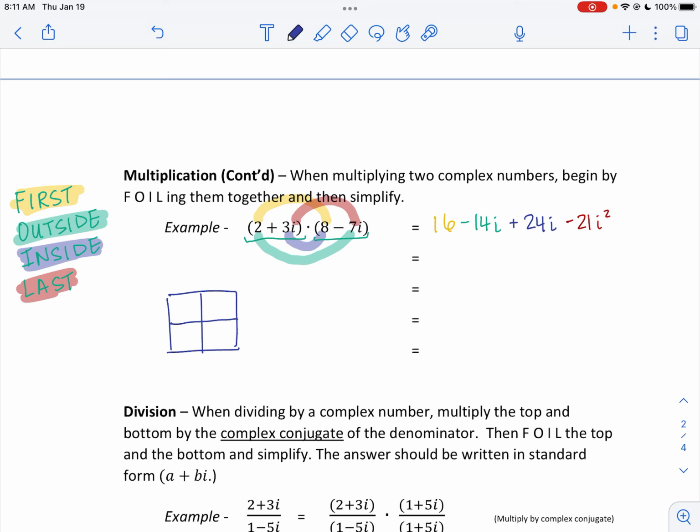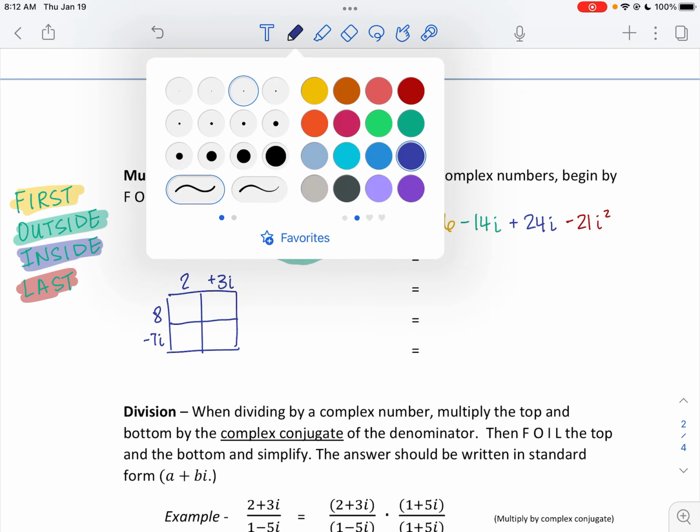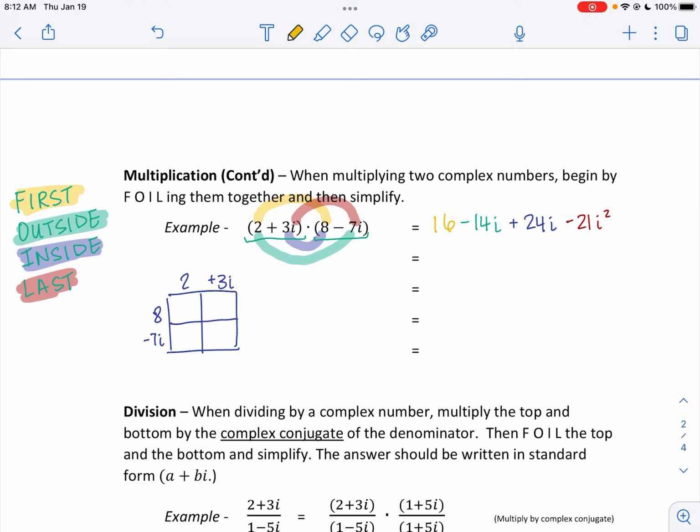So I would put one of the two binomials on top for each of the terms, and then the other binomial on the side, and we multiply like a Punnett square. So 2 times 8 is the same as my first term that I multiplied in FOIL. So 2 times 8 is 16.